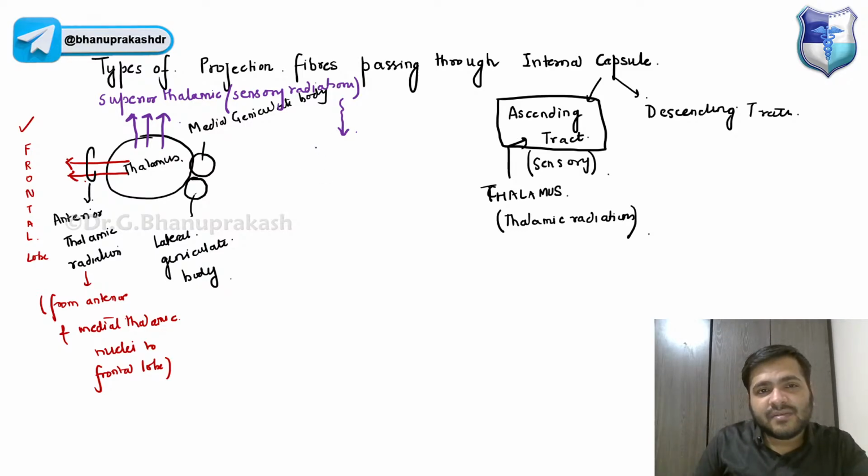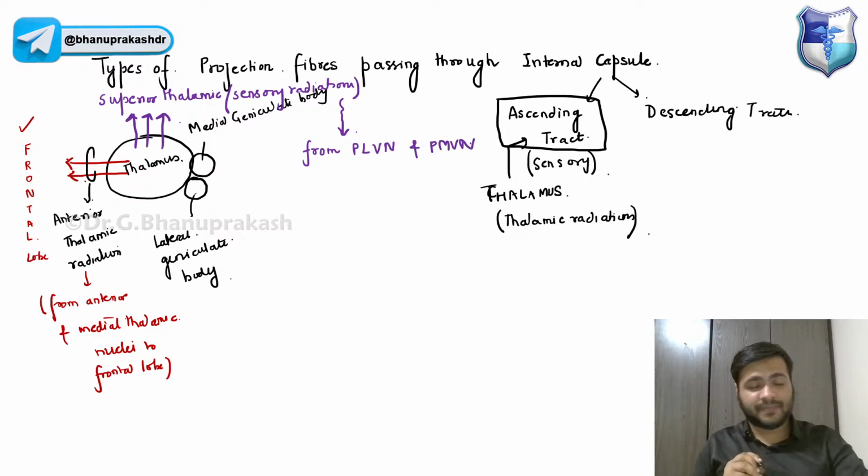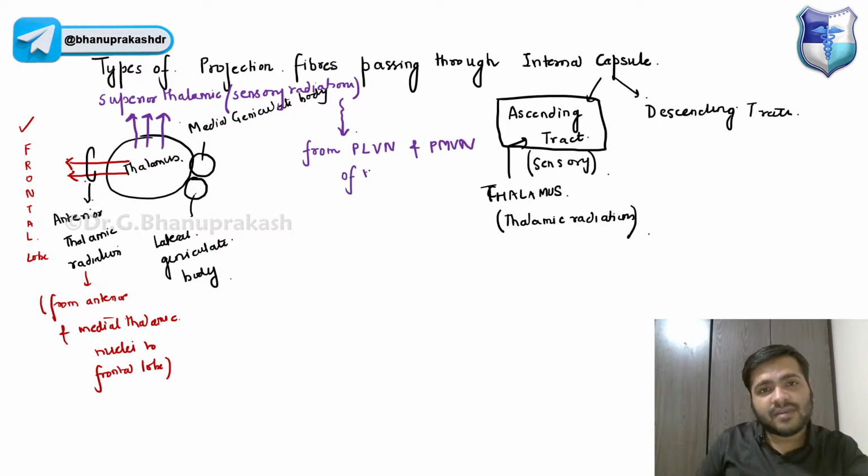These radiations are coming from which part of the thalamus? They're coming from the posterolateral ventral nucleus and posteromedial ventral nucleus of the thalamus. I will be discussing this, guys, right?